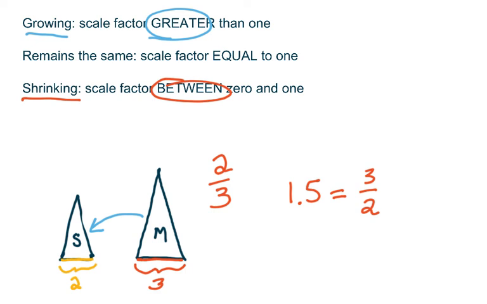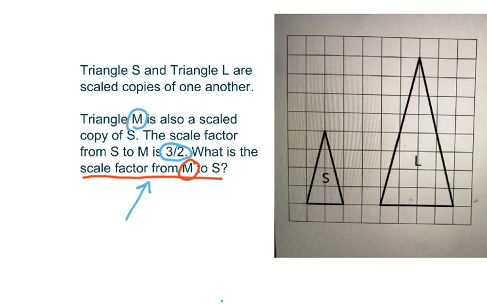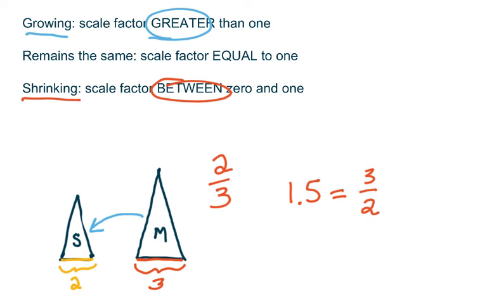So when they said that the scale factor from S to M is 3/2, then you knew right there that the scale factor from M to S could not also be 3/2, and that meant it could not also be 1.5. So right here, I knew that my answer couldn't be 1.5.